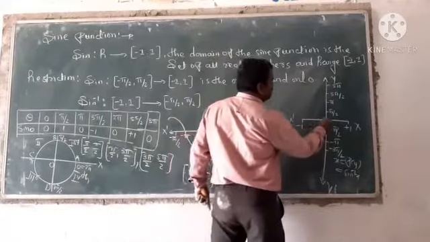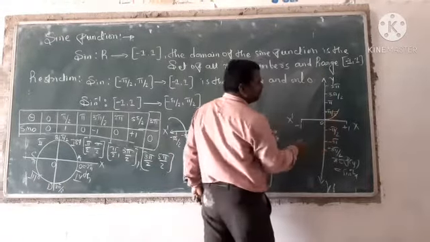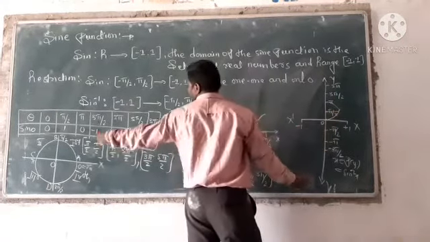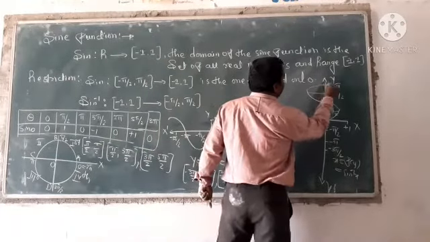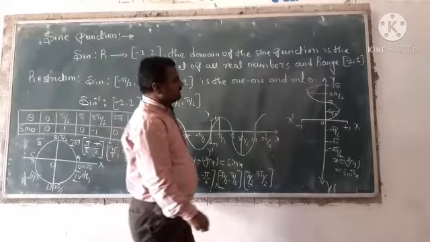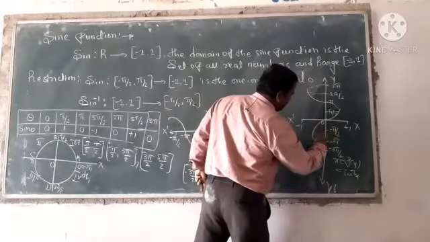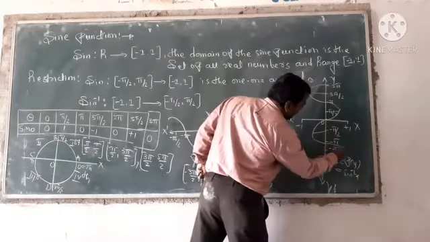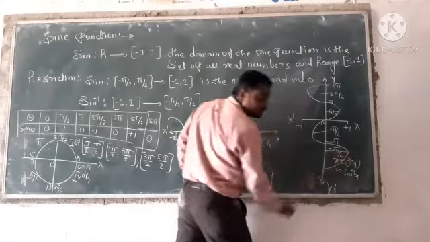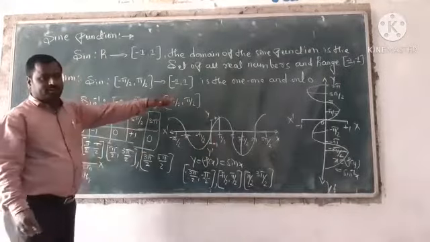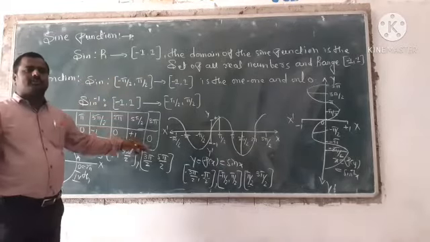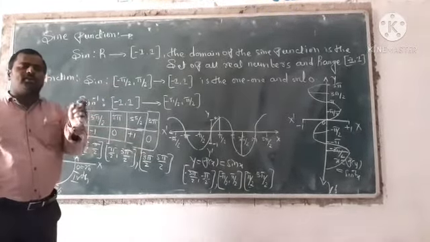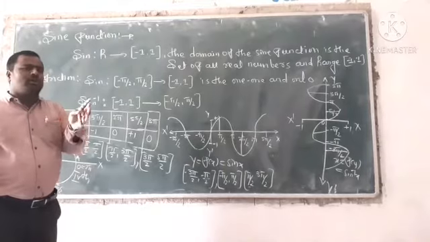Sine goes on positive to the big value, then minus. You check it, it goes on negative and down like that. So here also the graph goes up, here down, and goes on by the graphical representation. So this is how we deal with the sine function and the sine inverse function.